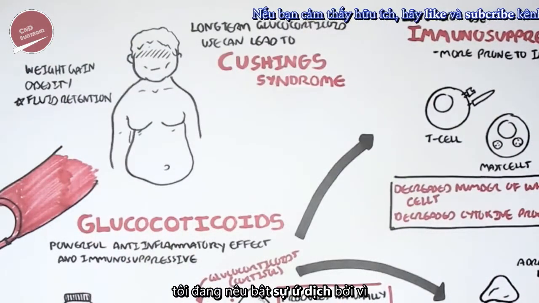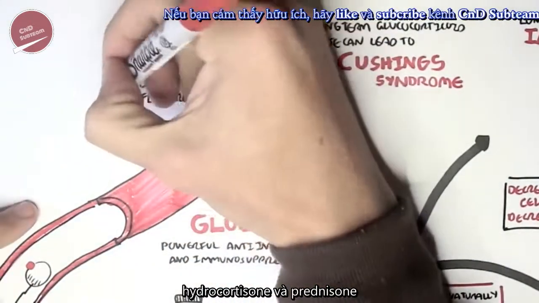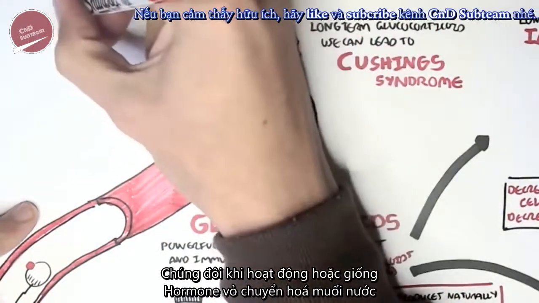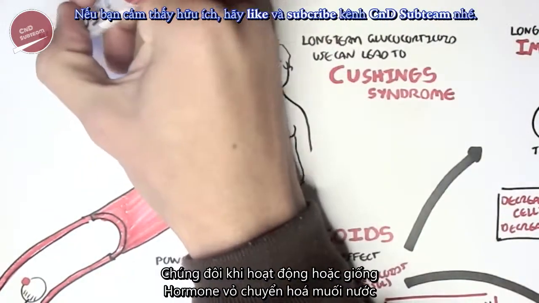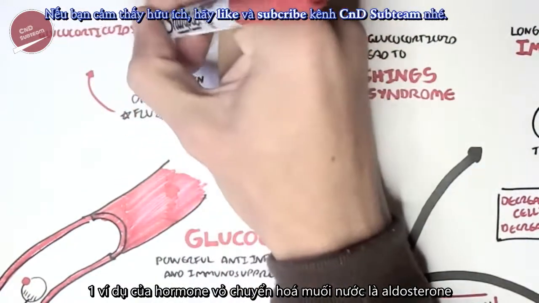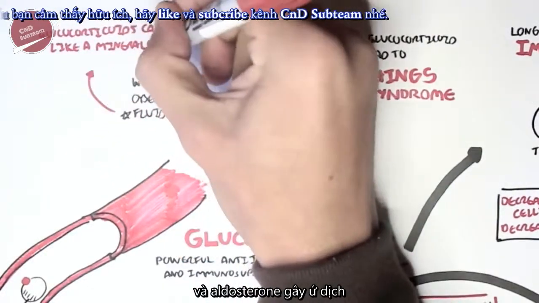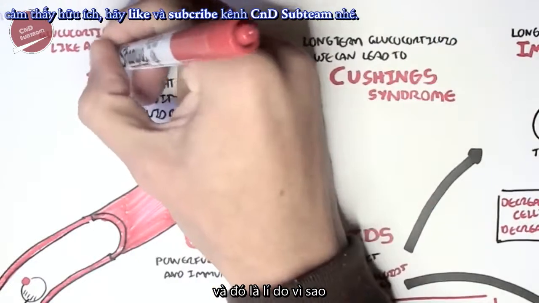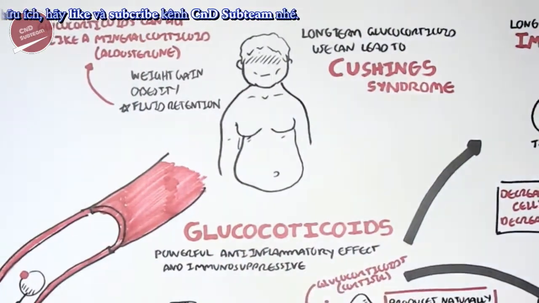I'm highlighting fluid retention because the synthetically made glucocorticoids, such as hydrocortisone and prednisone, sometimes also act slightly like mineralocorticoids. An example of a mineralocorticoid is aldosterone, and aldosterone causes fluid retention, and this is why we see fluid retention in the use of glucocorticoids.